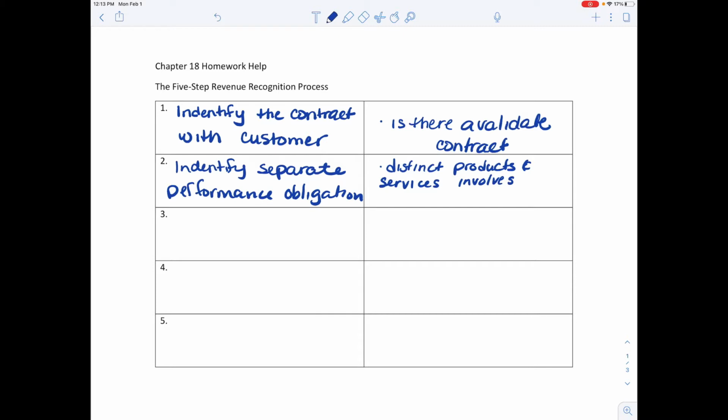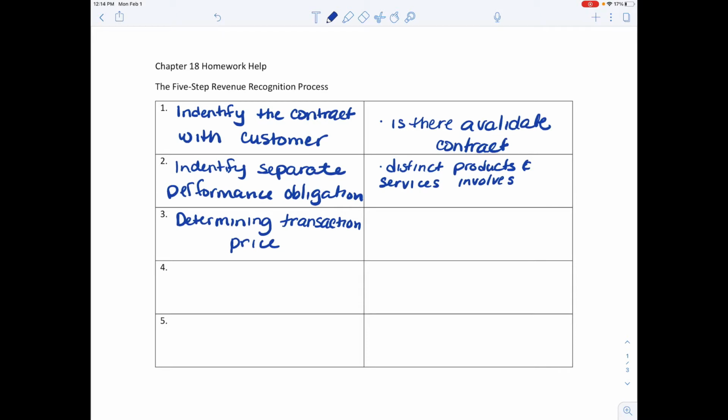Step 3 would be determining that transaction price. This can get more complicated based on how we separated those performance obligations.